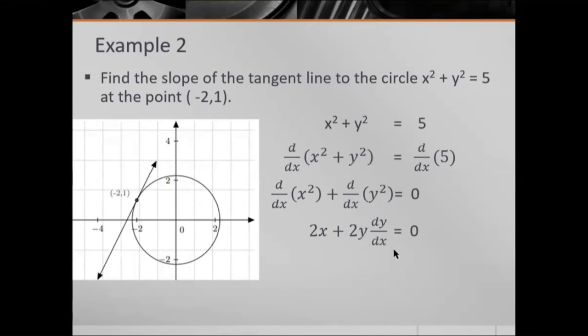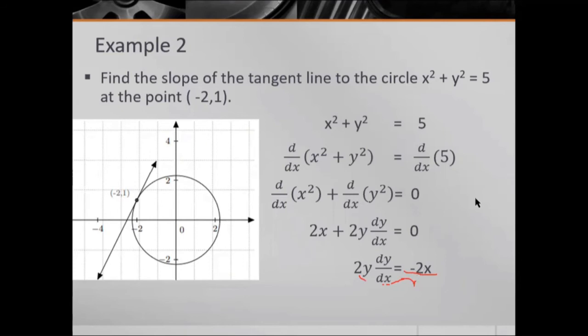Then sa left side, iwanan natin yung 2y dy over dx at yung 2x mapupunta sa right side, magiging negative. Then again, iwanan natin yung dy over dx. So magkakaroon ngayon tayo ng over, at itong 2y mapupunta ngayon sa denominator ng negative 2x.